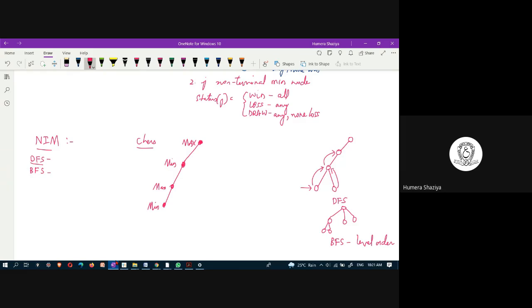Why is DFS more suitable? Because it is alternate turns, and in order to represent and visualize all the moves, we can put it in this manner.